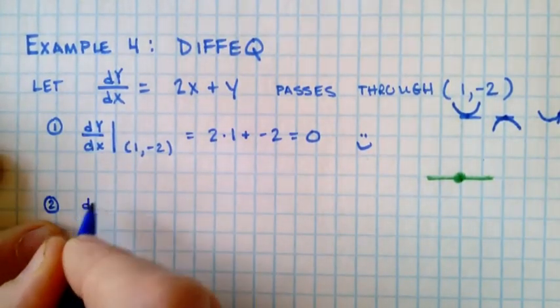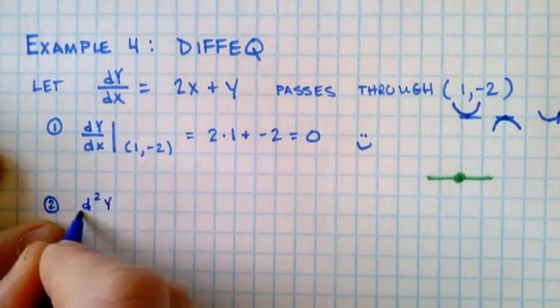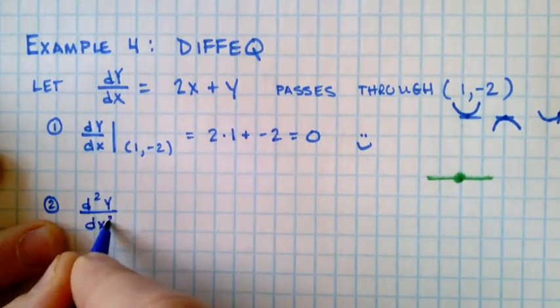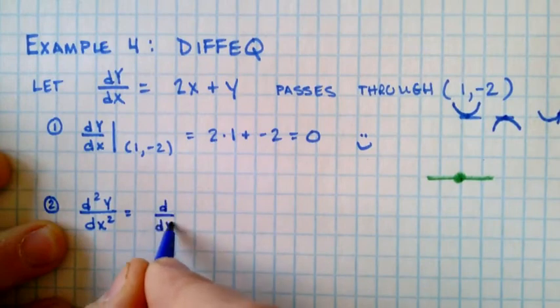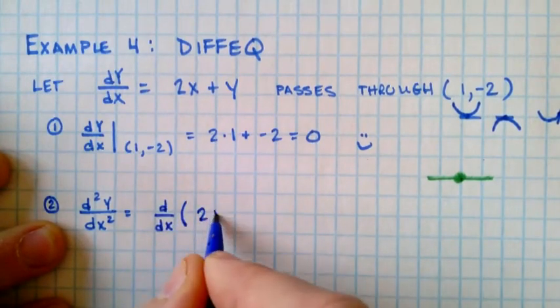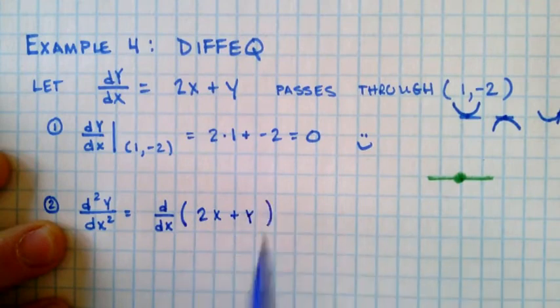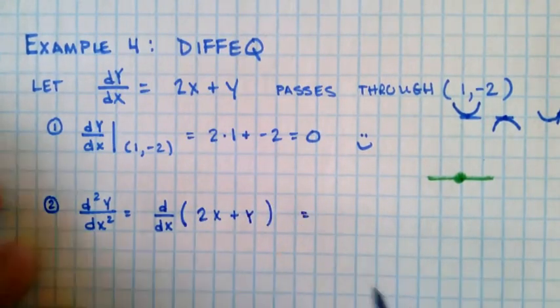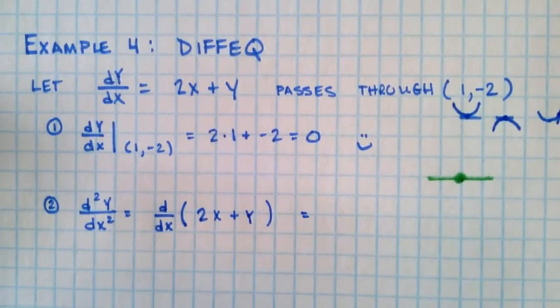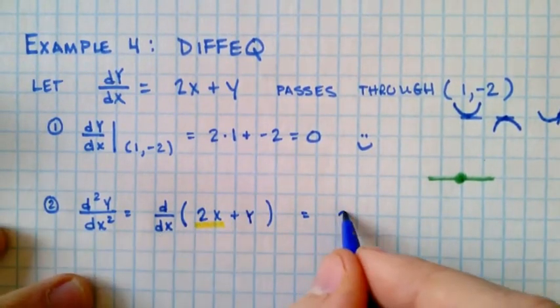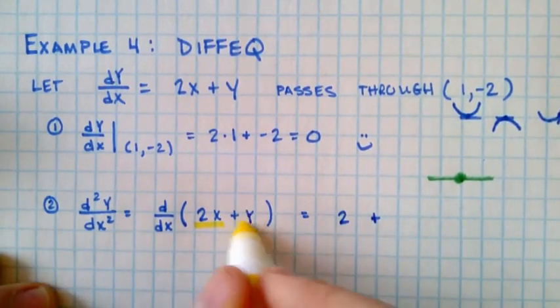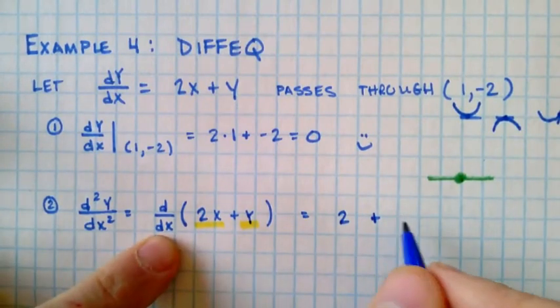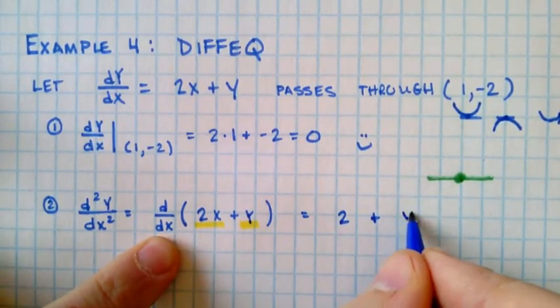In order to do that, we need the second derivative, which would be the derivative with respect to x of 2x plus y, which would be, we're going to need to take this implicitly, the derivative of 2x with respect to x is 2, plus the derivative of y with respect to x is either dy dx or y prime.